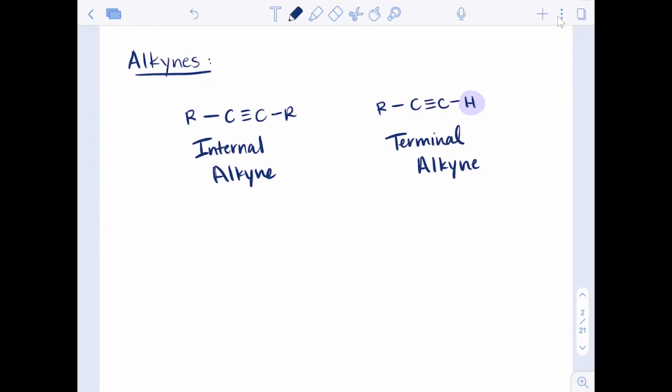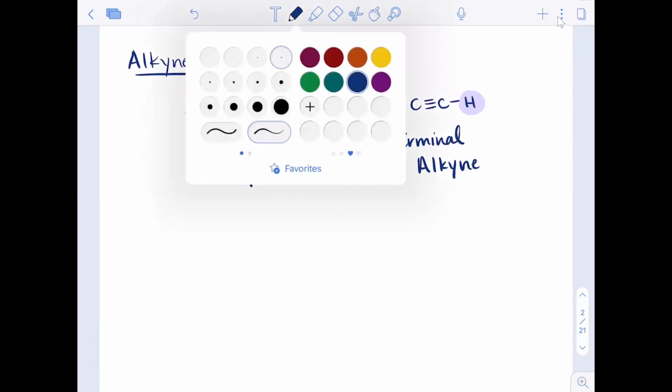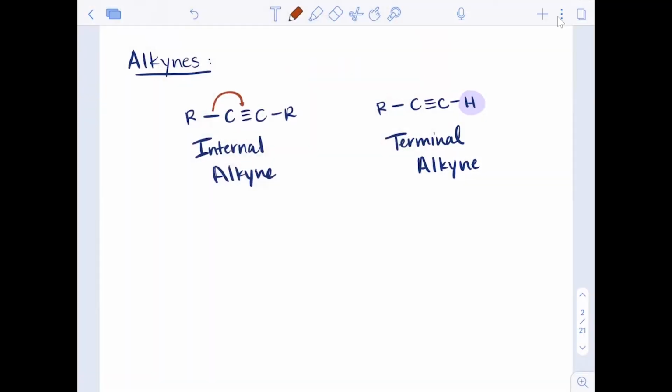The carbon-carbon triple bond itself is linear, right? So we can think about the bond angle for any of these would be 180 degrees. That carbon is sp hybridized, all of them. And so what we can start to think about is that is the shortest bond.